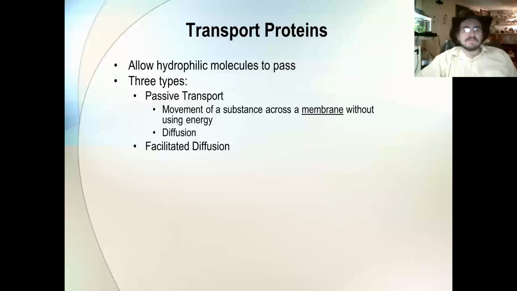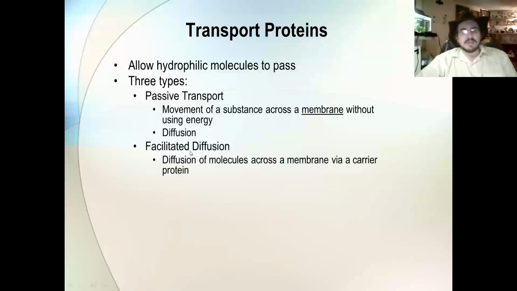Next up is facilitated diffusion. Now, just looking at the name, we know this kind of transport protein is going to move substances along their concentration gradient. It's going to follow the rules of diffusion, just like passive transport. Facilitated diffusion involves the movement of molecules across the membrane via a carrier protein.